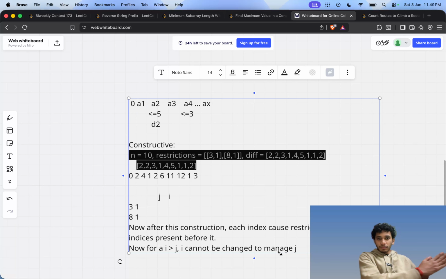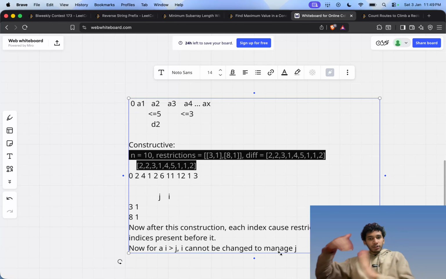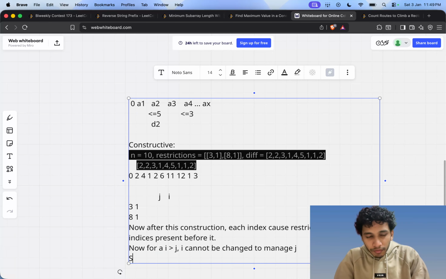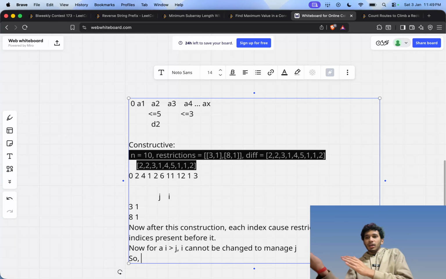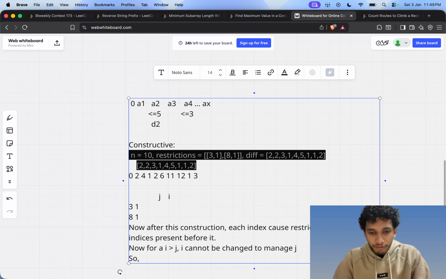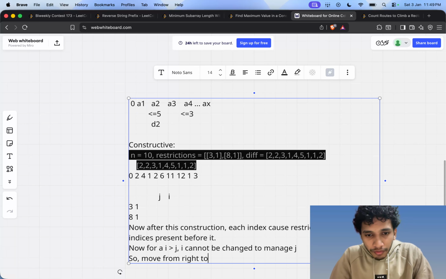All right. Now we have only restrictions from right to left. So to solve this, because only a j is having restriction due to a i which is greater than j, move from right to left to mitigate these restrictions.